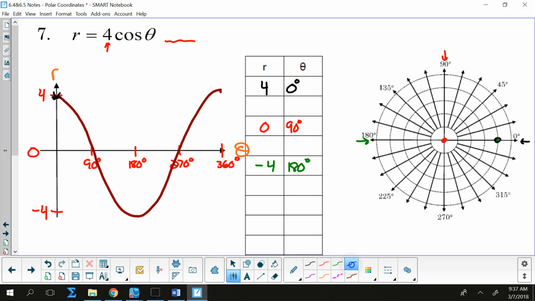At 270 degrees, we're back to 0. So at 270 degrees, I'm at 0. Well, that's the pole again. So far I've found 4 points, but it really only polarly graphed me 2 points.